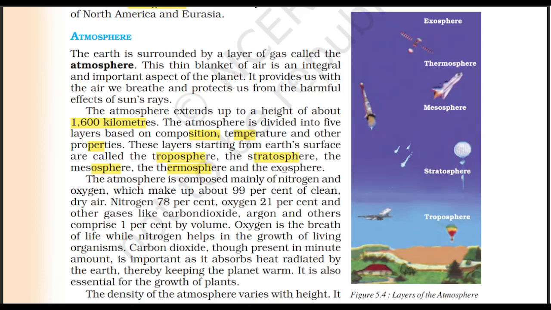Oxygen is the breath of life, while nitrogen helps in the growth of living organisms. Carbon dioxide, though present in a minute amount, is important as it absorbs heat radiated by the earth, therefore keeping the planet warm.